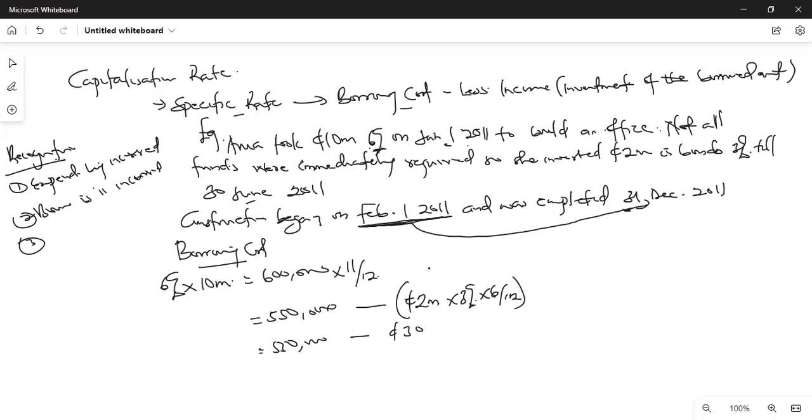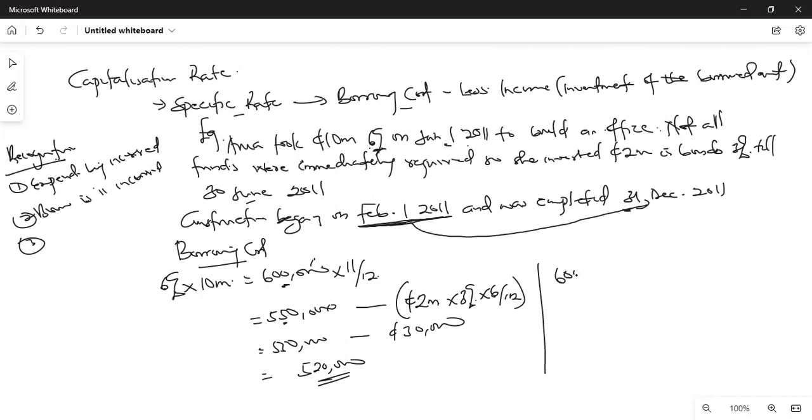Confirm with calculator. So we have 2 million multiplied by 0.03 or multiplied by 6 over 12, which is 0.5. Indeed, we have 30,000. Which is going to tell us that we now need to capitalize only 520,000 as part of our borrowing cost. The extra 50,000 that we are not capitalizing for the month of January will now go to P&L.